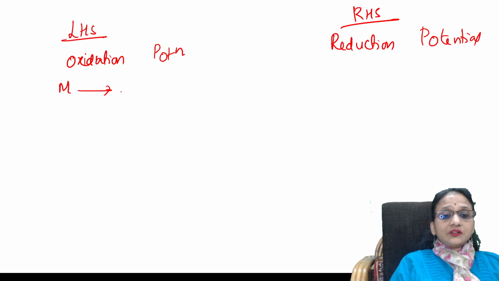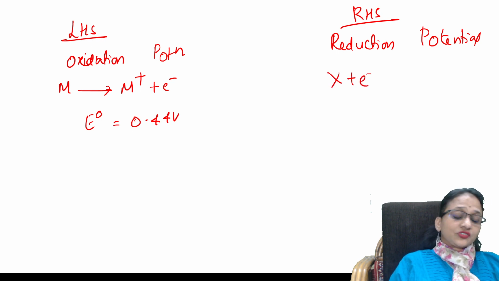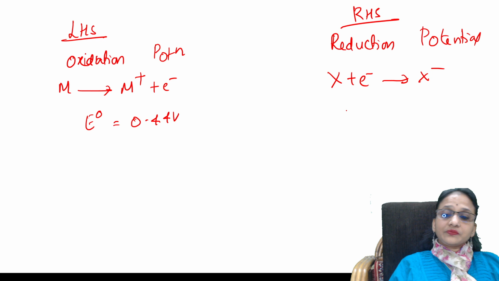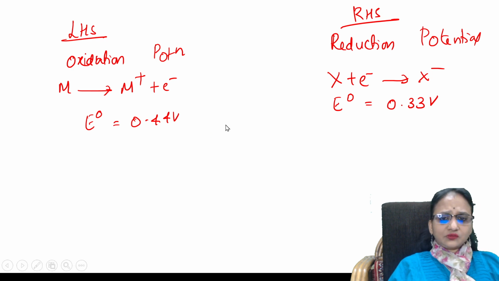Metal has got converted to M plus and 1 electron. How much is electrode potential here given to me? 0.44. Here, X is taking that electron and forming X minus. How much is the electrode potential value here? It is 0.33 volts. Done.